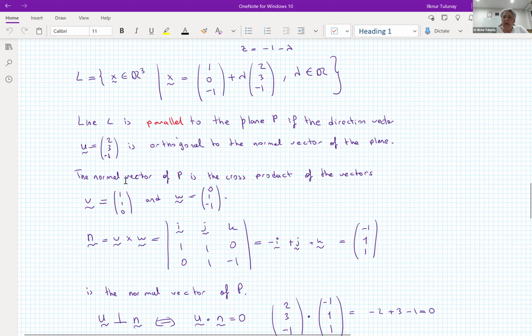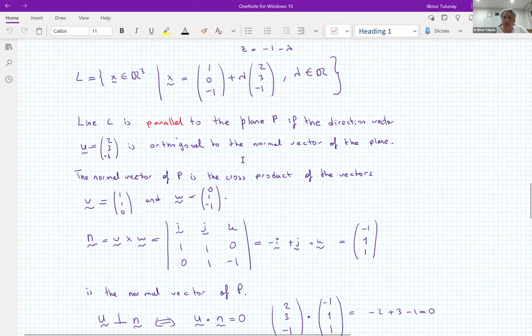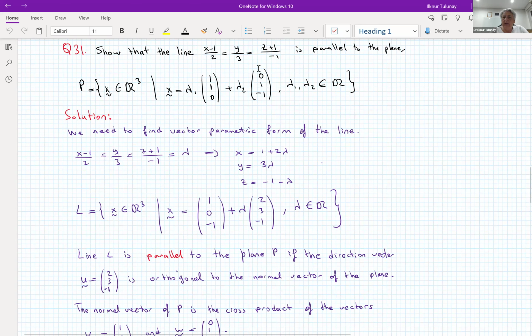So in order to calculate the normal vector, you take two directional vectors of the plane and cross product them, right? This vector and this vector are directional vectors of the plane P, as we realize that there is no constant term in this plane.